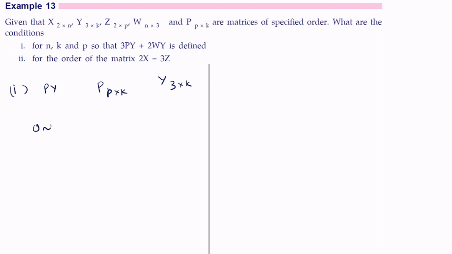So the order of PY, here we need to have k equal to 3, will be p by k.